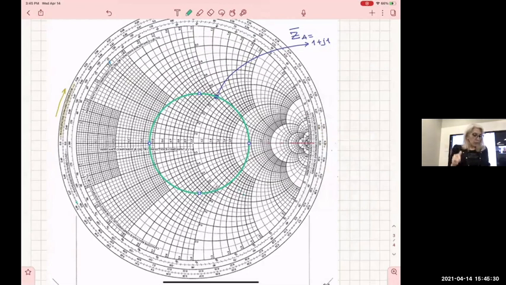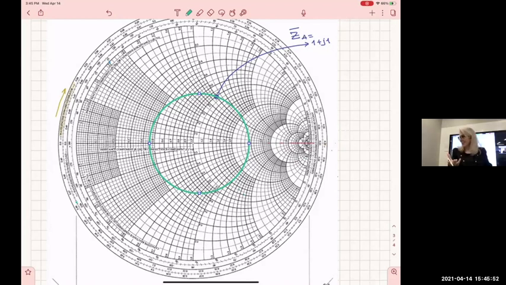All right, do you know how to find the admittance that corresponds to that impedance? Probably not, we have not discussed it. I'll tell you. It's gonna be the flip side, diametrically opposite.